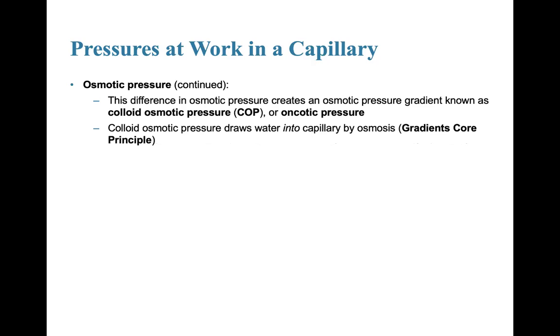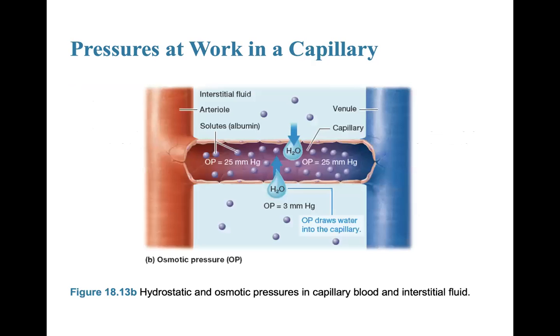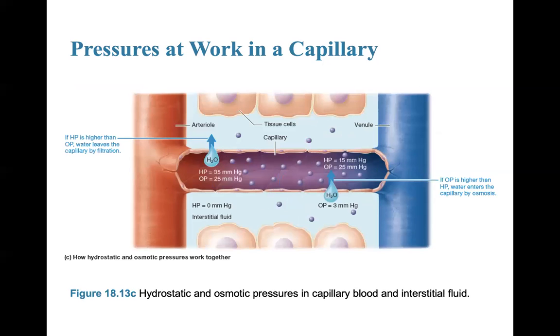The colloid osmotic pressure draws water into the capillary by osmosis. So now if we look at this, we have an osmotic pressure of blood of 25. So this is going to draw water in, if the interstitial fluid is at 0, at both ends.